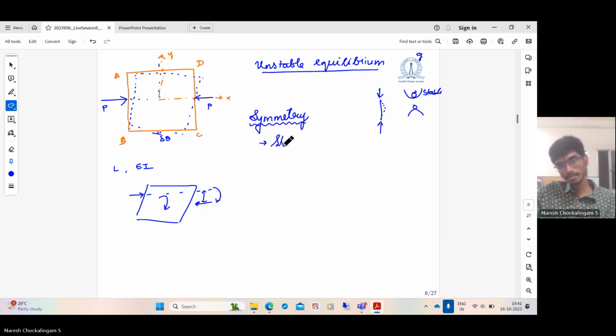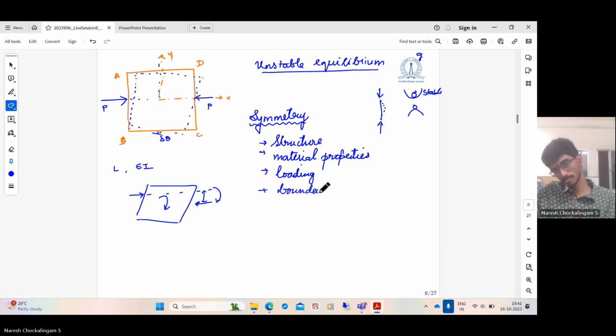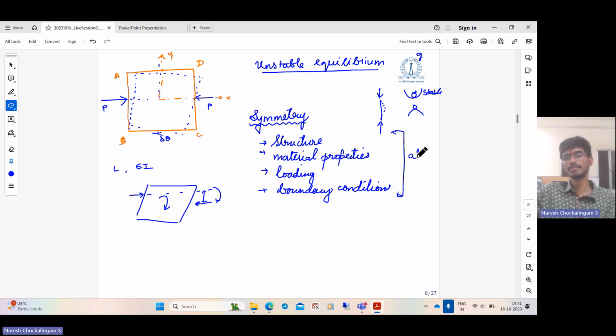So the structure, the material properties, and the loading and the boundary conditions, if they are all symmetric about a plane, then the displacements... So these are all known things about the structure.